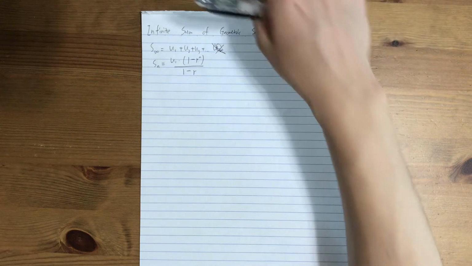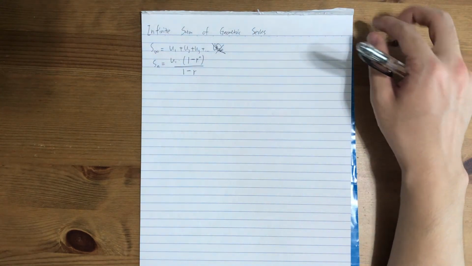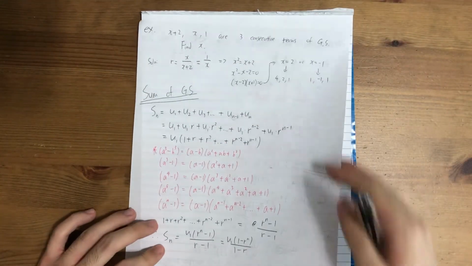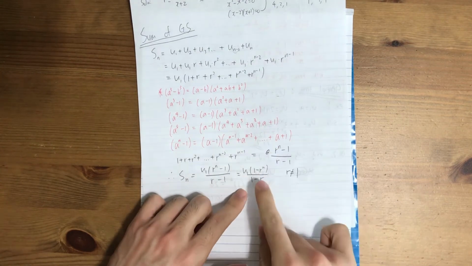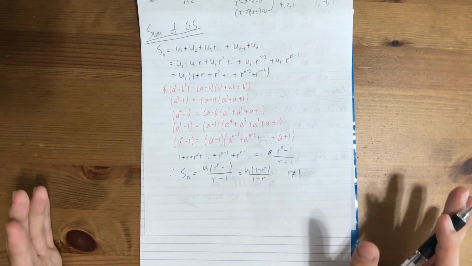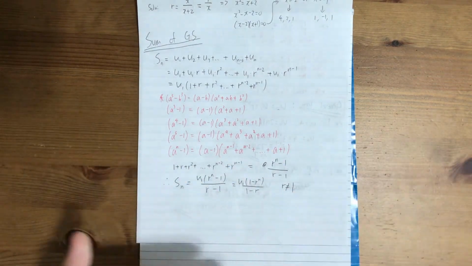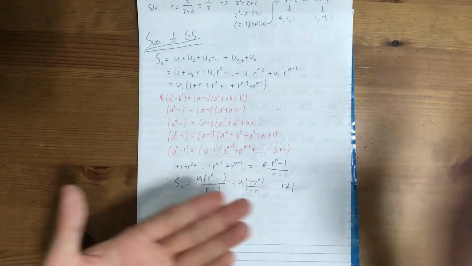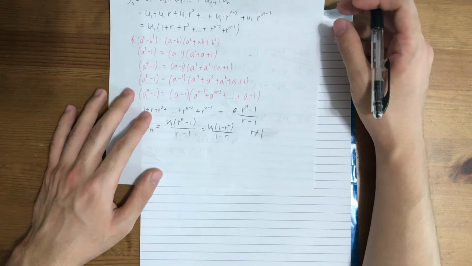And note that r cannot be 1 because, first, if r is 1, it's not a series. I mean, it doesn't have any pattern, right? It's 1, 1, 1, 1, 1, or like 3, 3, 3, 3, 3. There's no change, right? We don't call it a series.